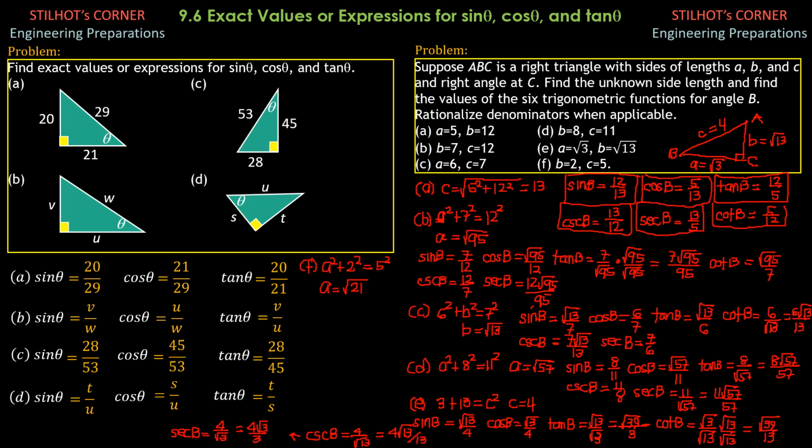So replacing the elements in our guide triangle, A is square root of 21, B is 2, and C is 5.